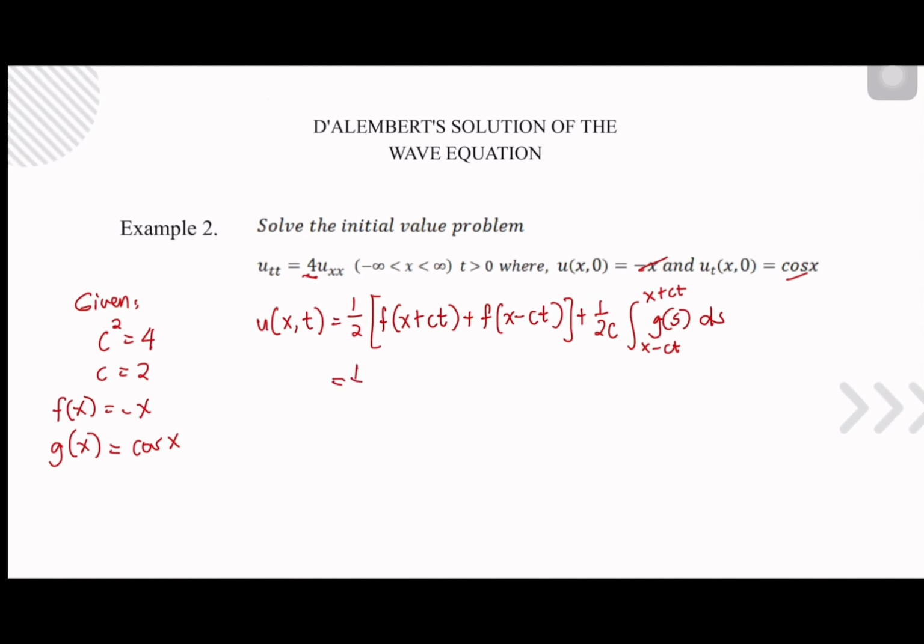To substitute the given, 1 half of our f of x is negative x plus, our c is 2t.